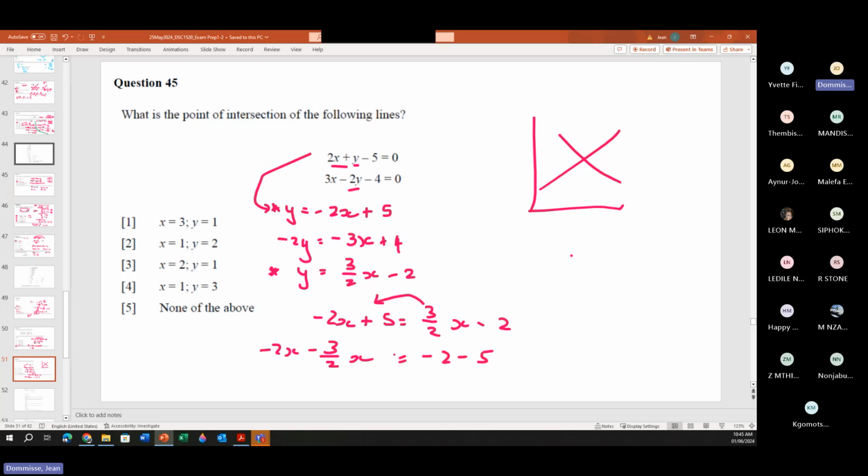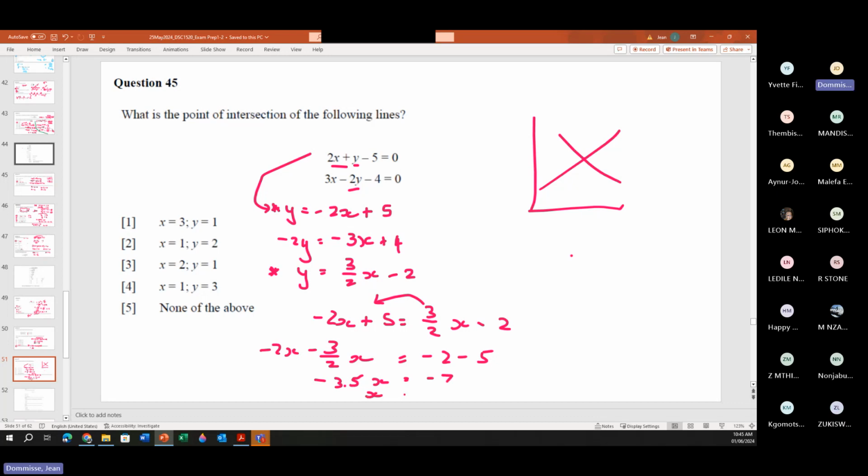So in the end, luckily, the negatives will cancel out. So on this side, we've got minus 3.5x, and on the right-hand side, minus 7.